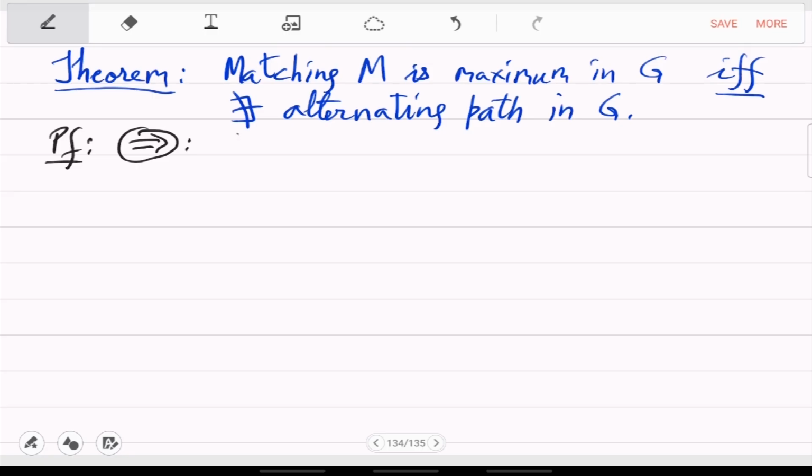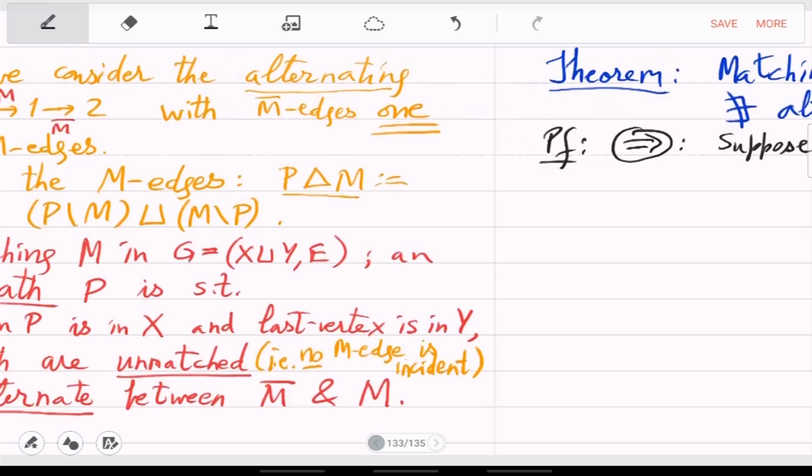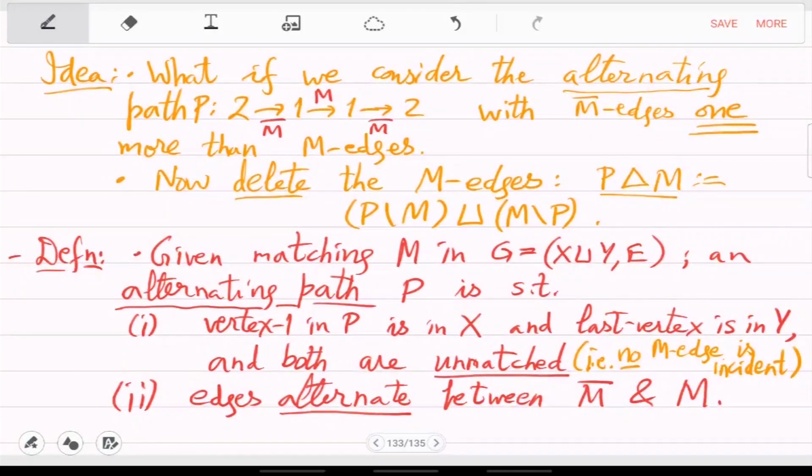So suppose there is an alternating path P in G. What do you do with this? Yeah, the symbol that was defined before, the symmetric difference.